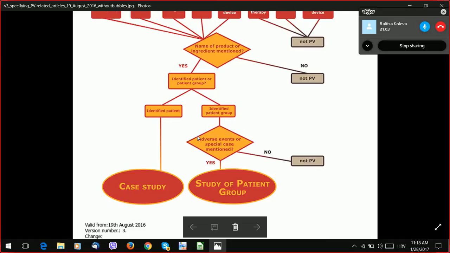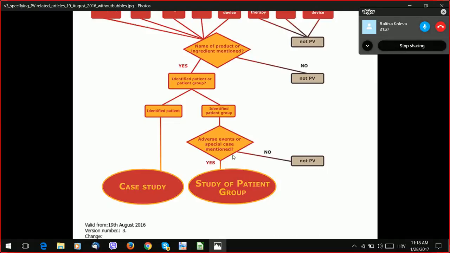And if you have an identified patient group discussed in the article, then you are going to follow the right branch of the flowchart. In that situation, you have one more criterion that has to be met for you to be able to categorize the article as PV related.